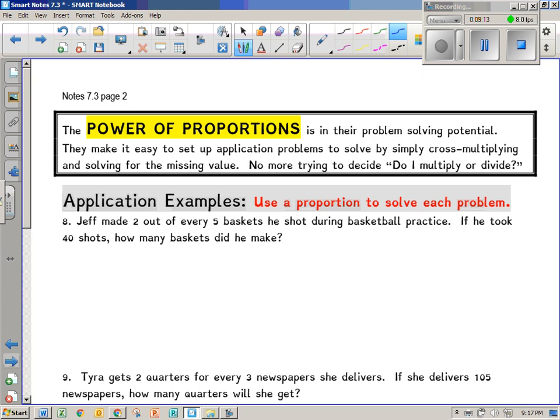So here's where I'm really addressing how proportions are actually going to change your math life. The power is in their problem solving. You might recall previously having a lot of trouble knowing if you should multiply or divide in particular situations, because it really is confusing at times. Well, proportions are going to get rid of all of that.